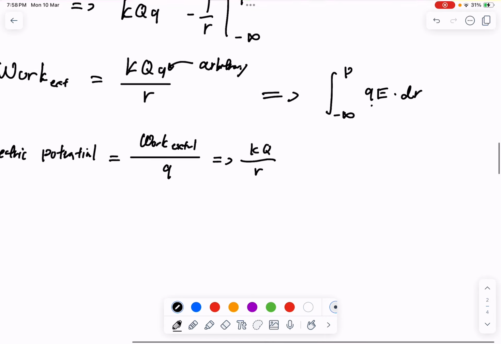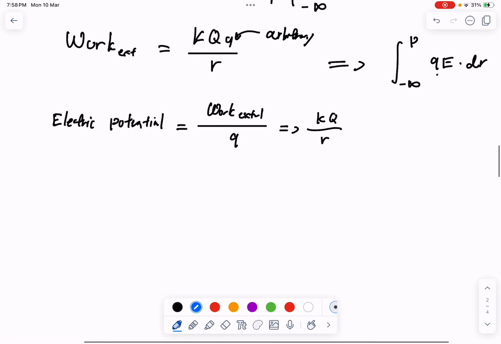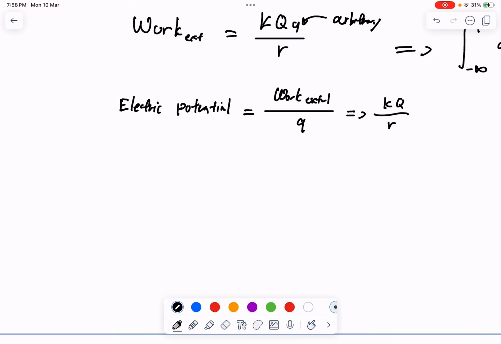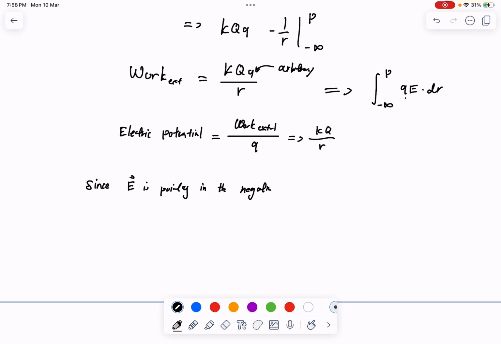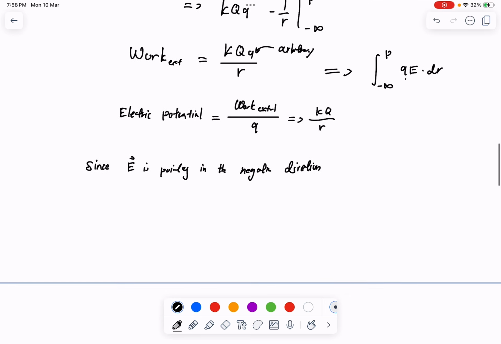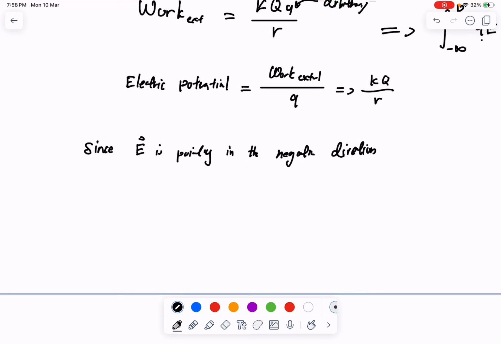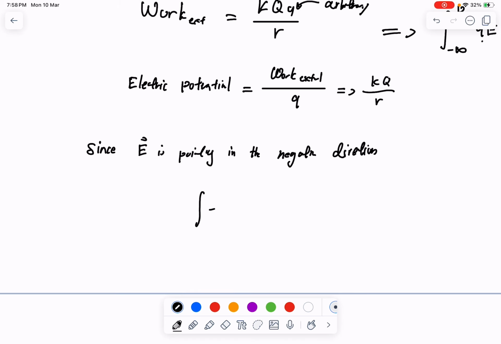Well, since E is pointing in the negative direction, actually I need to put a negative in front of the integral. So basically what's happening is we initially have negative qE dot dr.